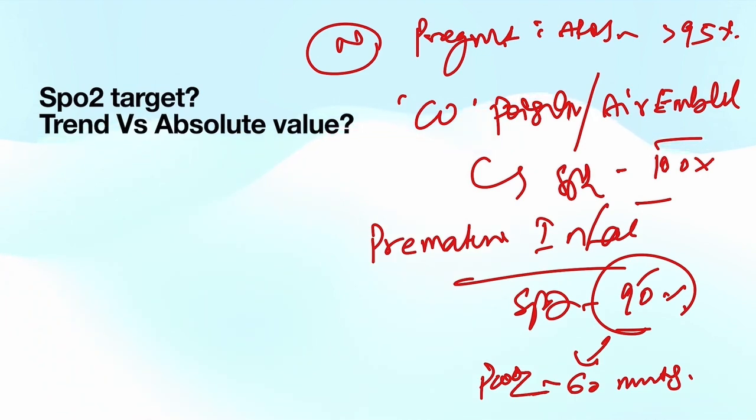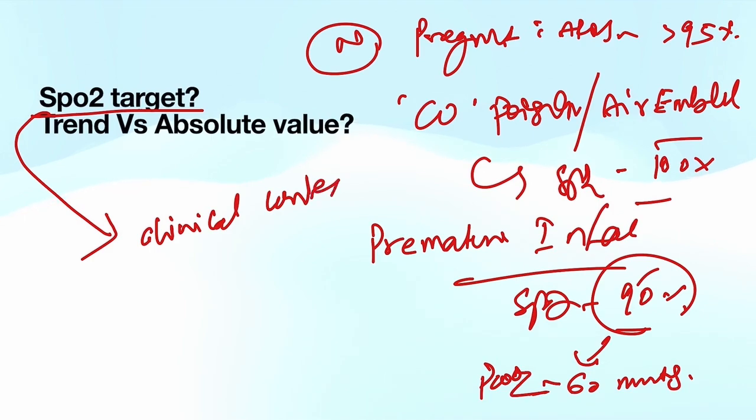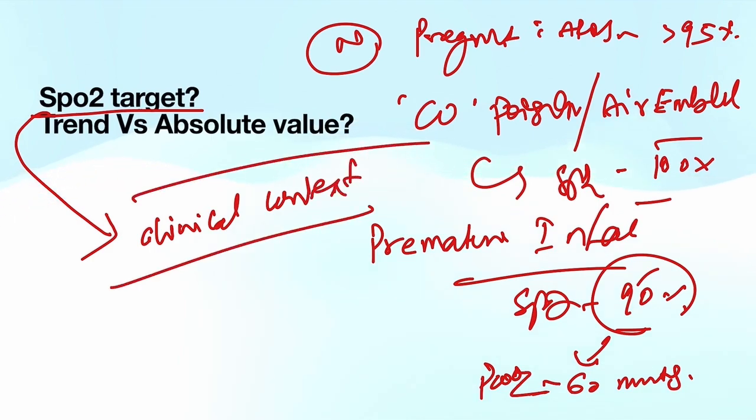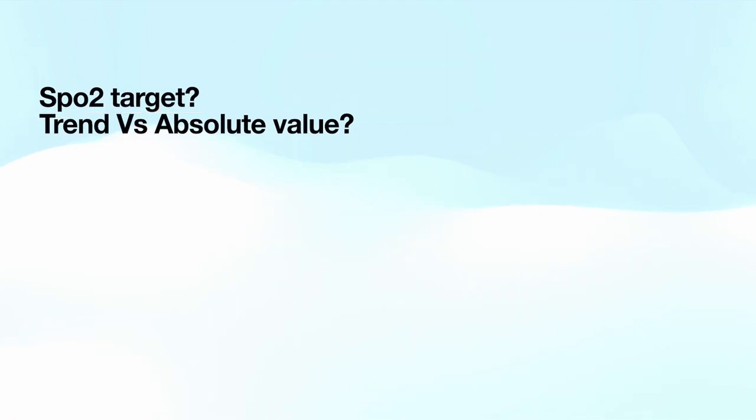So the target SpO2 is not fixed. It varies depending upon the clinical context. So the clinical context is important in order to interpret the result, right?